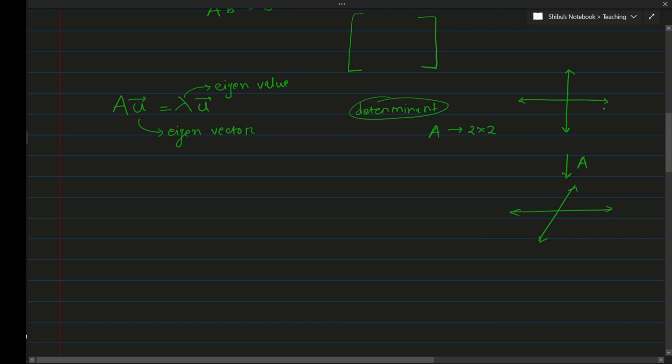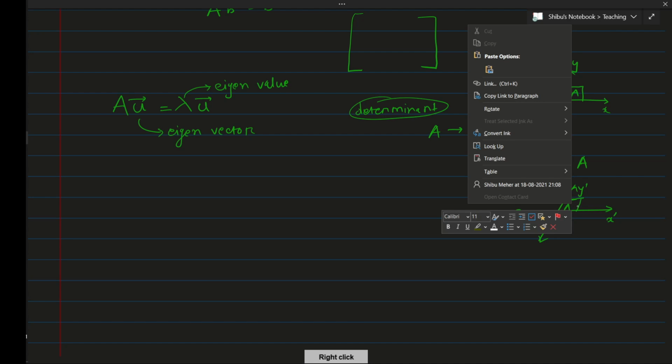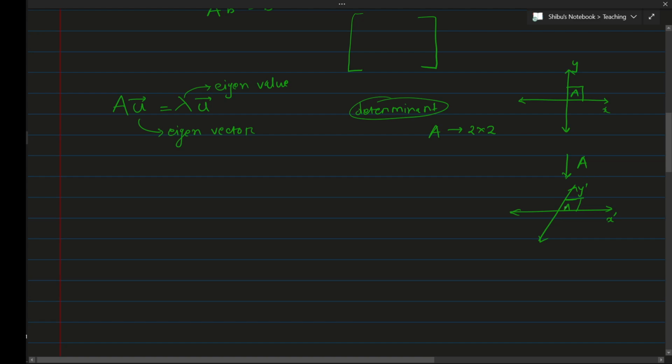Let's say this is our x, this is our y, then this is our x dash and this is our y dash. So this was our initial area, and then this became our final area. Let's say this was our area A, and then this became A dash. So after the transformation, the area becomes stretched or distorted, right?